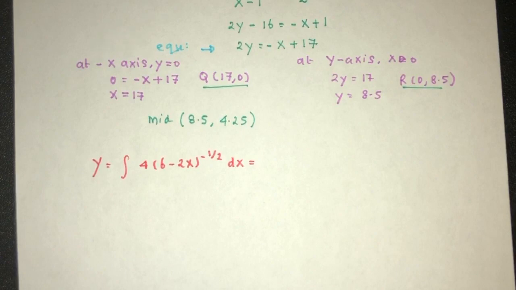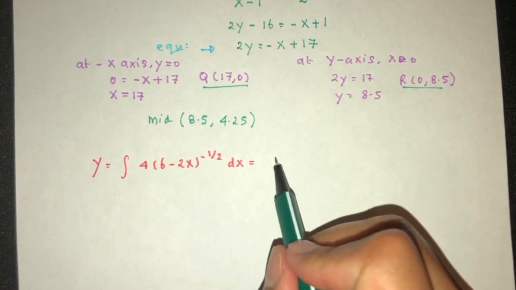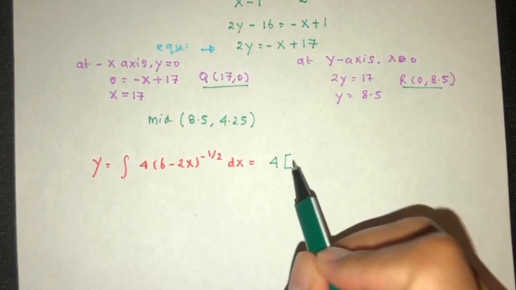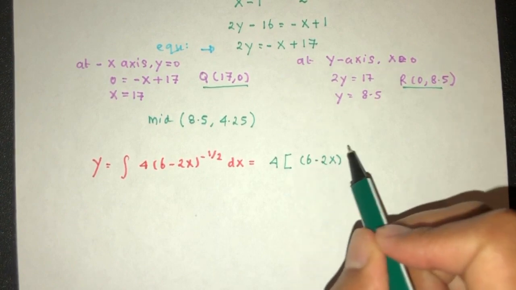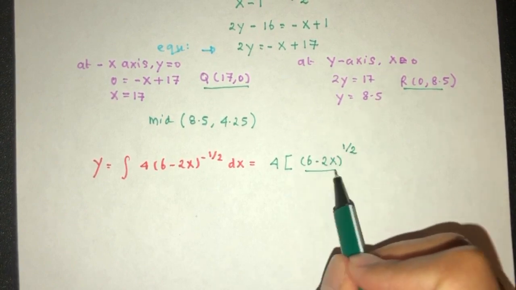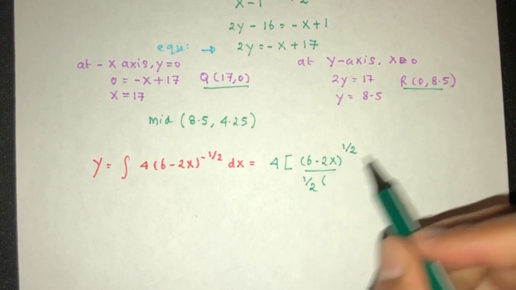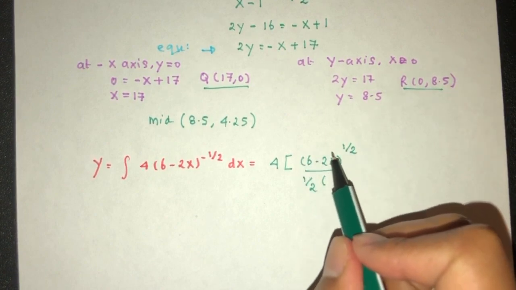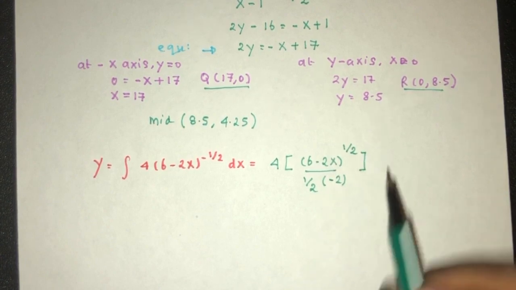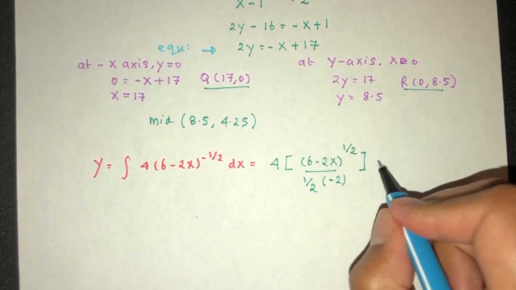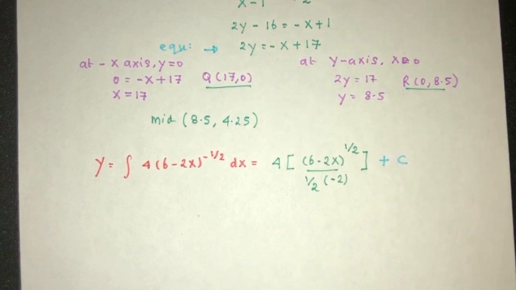Now 4 is only a multiple, it will stay outside. First we have to increase the power by 1. Minus half plus 1 is half, then divide by the new power, then divide by d by dx of the value inside, so d by dx of 6 minus 2x is minus 2. Obviously we have to add c for the constant of integration.